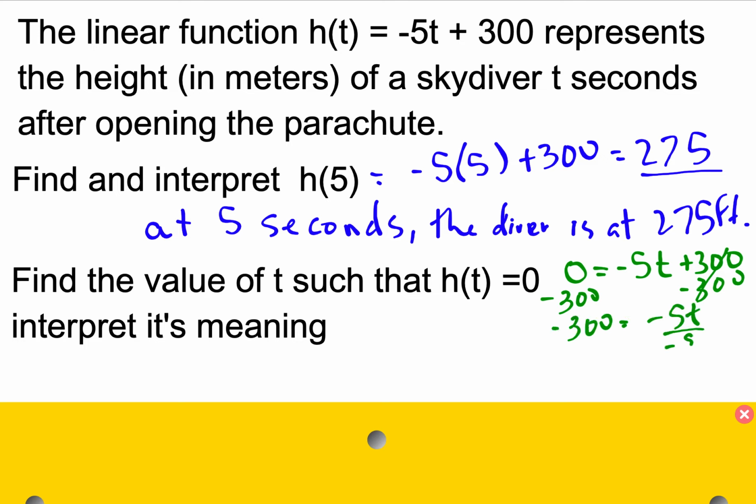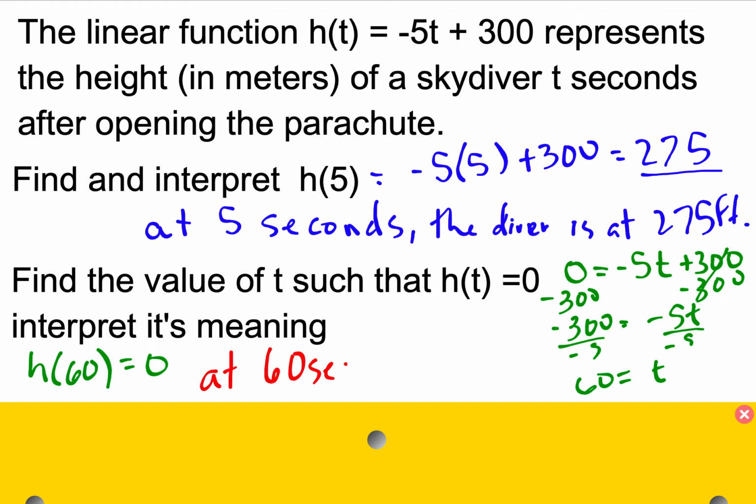Then I'll divide by negative 5, and it looks like t equals 60. So that means that h of 60 equals 0. And what this will mean is that at 60 seconds, the distance off the ground is 0 meters, but we probably wouldn't say it that way. I'd say the diver lands. They get to the bottom of the sky and they get to the ground.